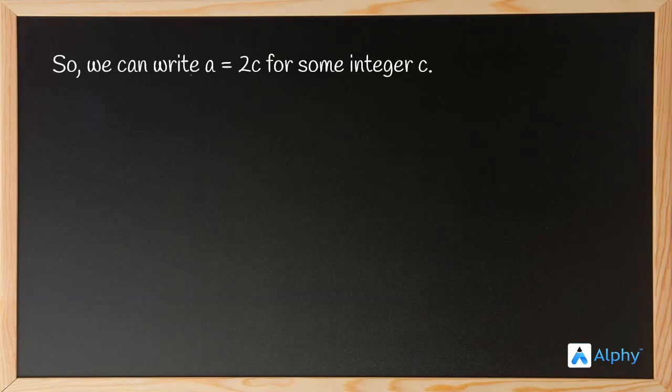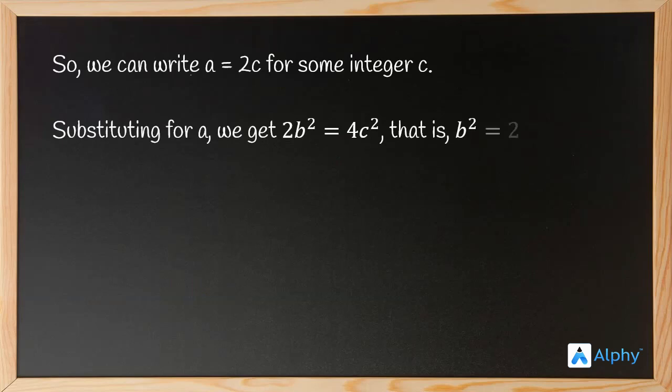Moving on, the next step is, so we can write a is equal to 2c for some integer c. Since a is divisible by 2, we can write it as a is equal to 2c where c is going to be some integer. So substituting for a, we get 2b square is equal to 4c square, that is b square is equal to 2c square.